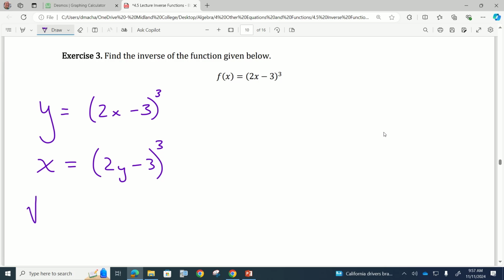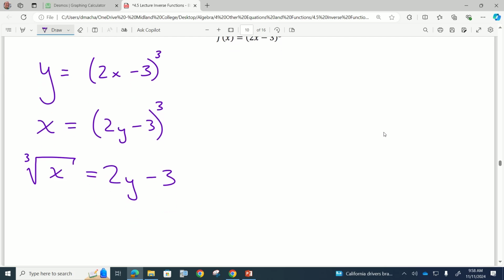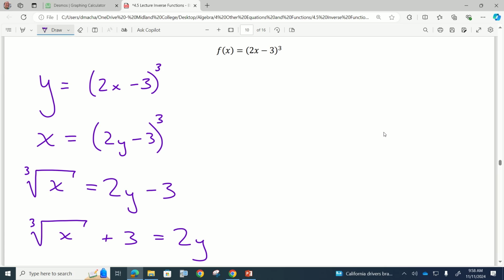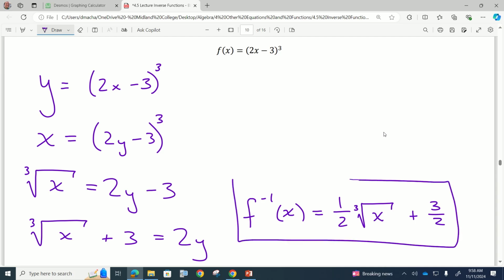Yeah, I should take the cube root of both sides, and then add 3 to both sides, and then divide by 2. The way I'm going to write my answer choice is like this, because I'm dividing by 2, and I'm using the fancy inverse notation to say I just found the inverse of that f function.